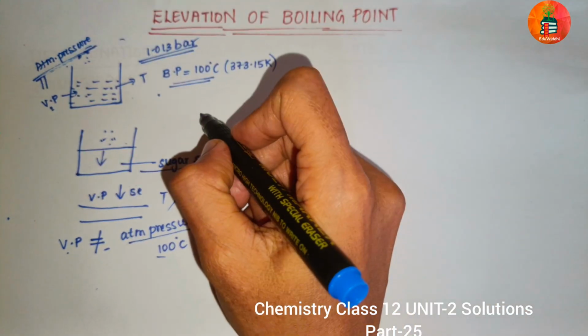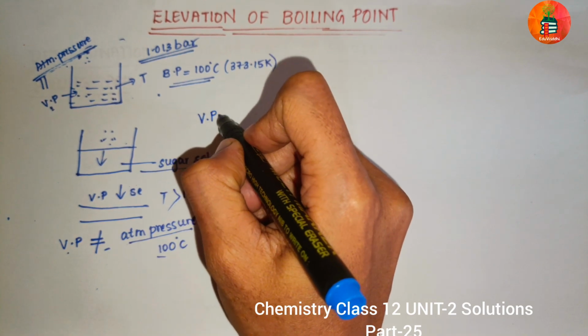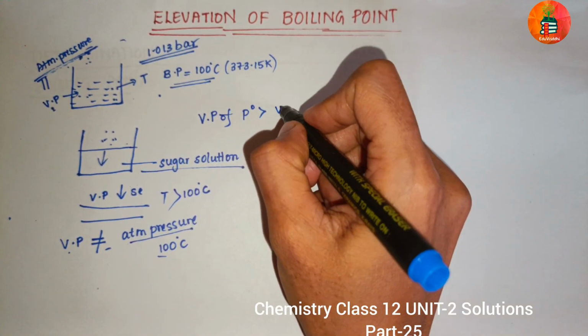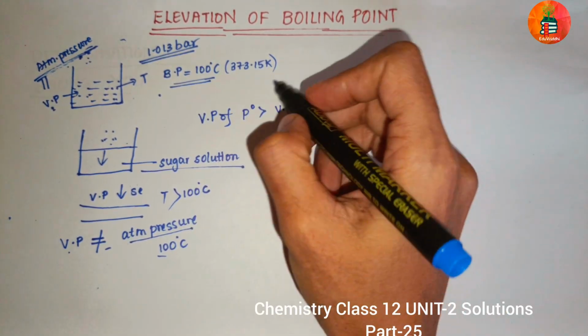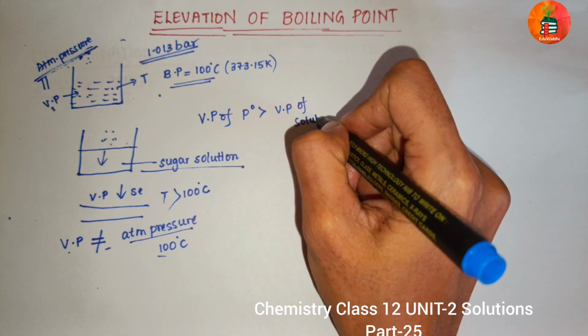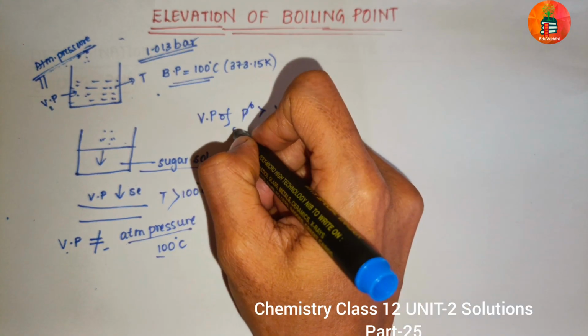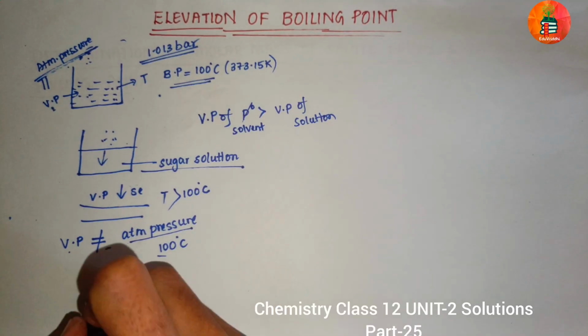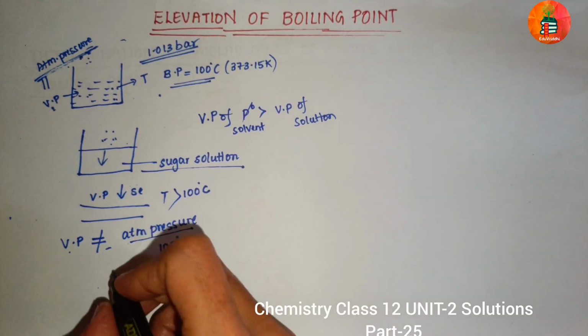But in the case of vapor pressure, we have studied that the vapor pressure of pure solvent is always greater than the vapor pressure of solution. But here what's your conclusion? It is the reverse of that.